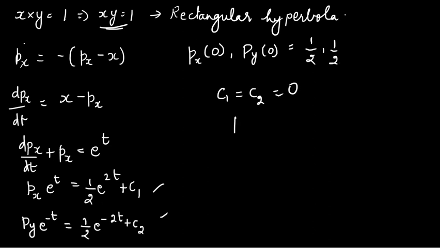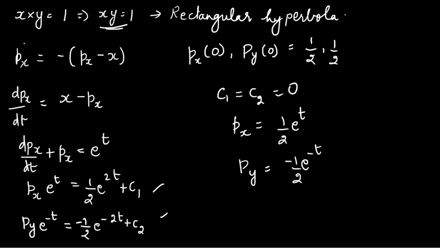So if you see, our px will be equal to half e power t, and py will be equal to minus half e power minus t.